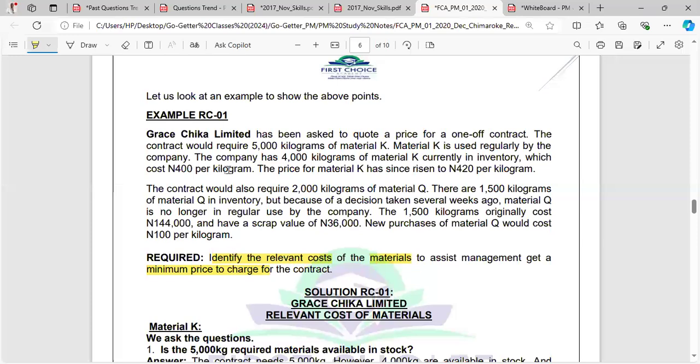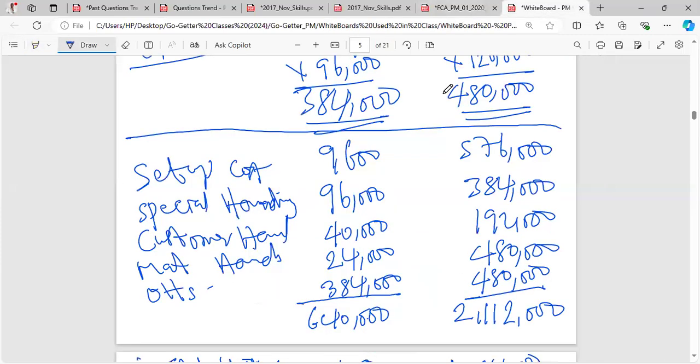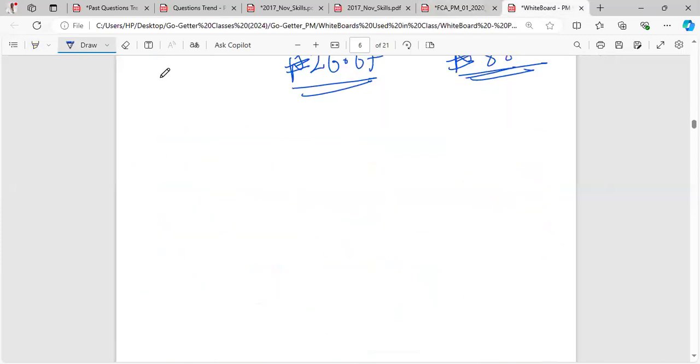Okay, so we are going to go back to our whiteboard. So this is relevant costs.